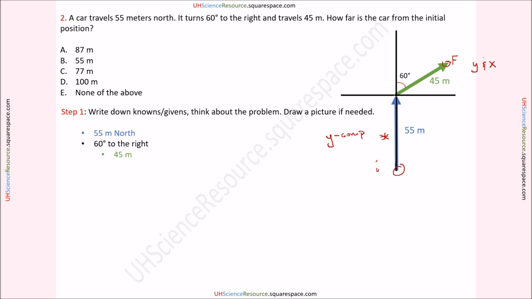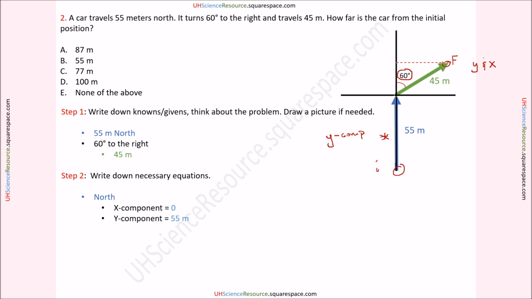So in order to solve for these, we're going to have to use trigonometry. If we draw a horizontal dotted line, we can calculate the distances as components using trigonometry, and we're given the angle of 60 degrees right here. Let's write down what equations we need. Like we stated earlier, our blue arrow is traveling north, so there is no x component.